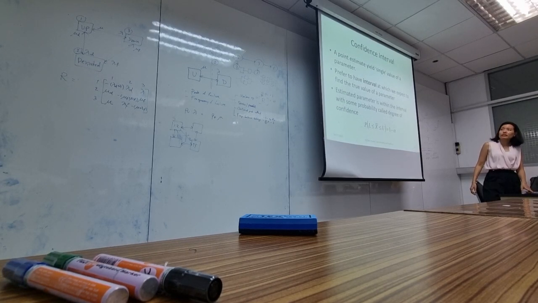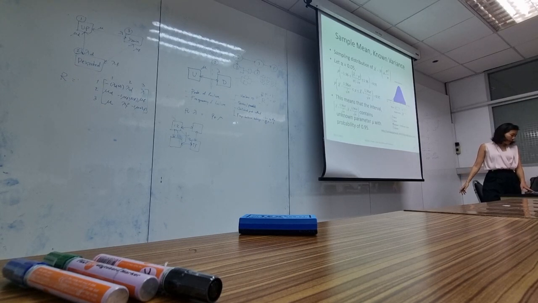Not only that, you have the point estimate. You have to look at the interval, which is the confidence interval, and these are what you have in statistics. So you just apply what you understand or studied in statistics to help you with the sample average and the sample variance.